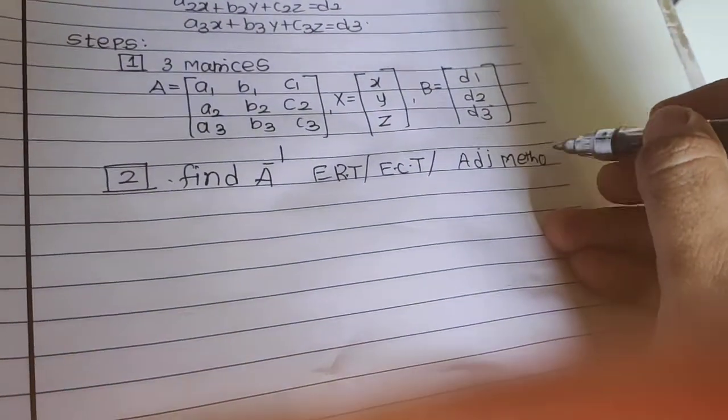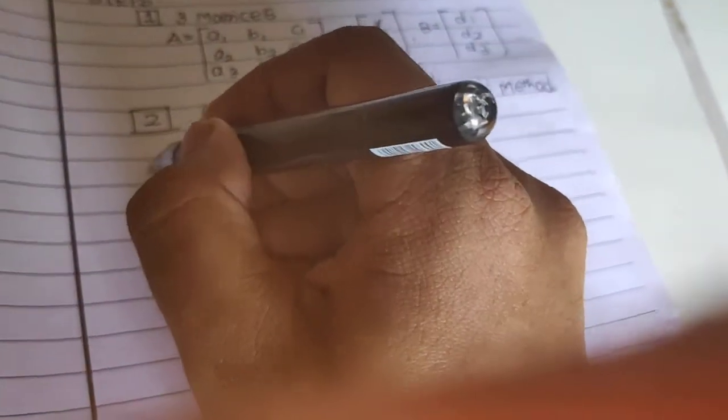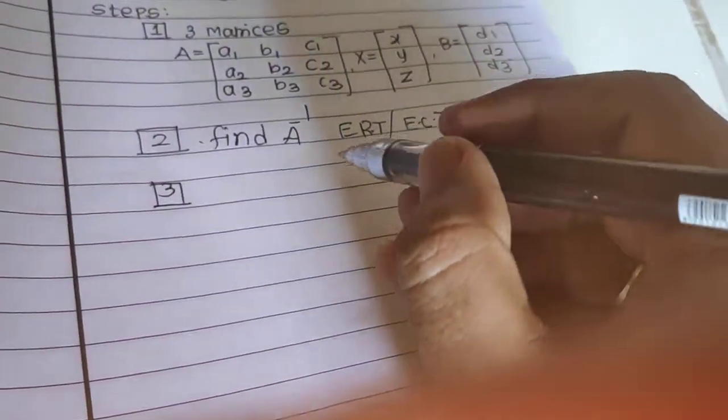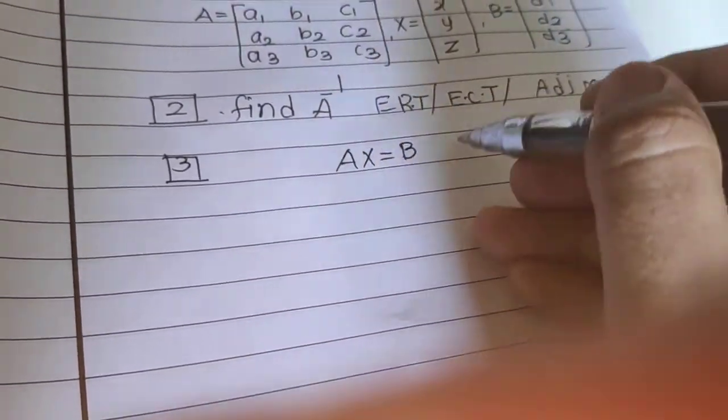You can approach by any one of them, but find A inverse. And the last step, step number 3, you use the relation AX equals B.